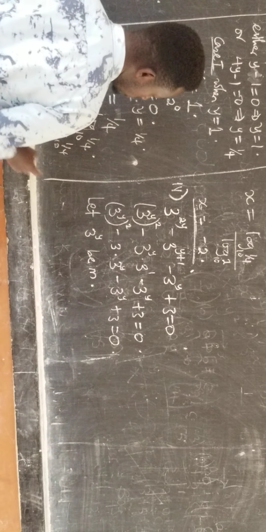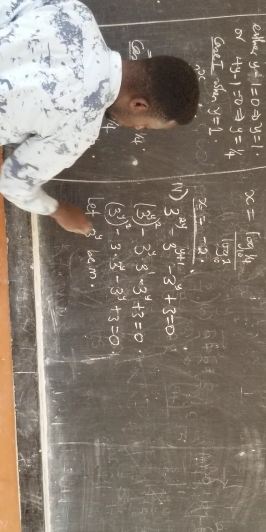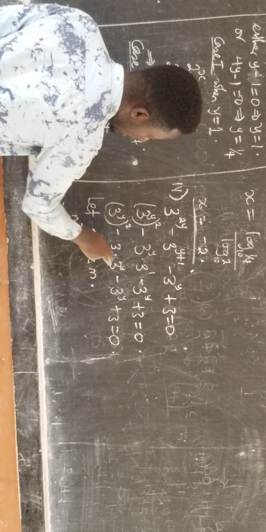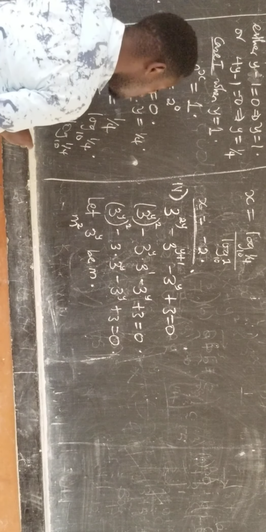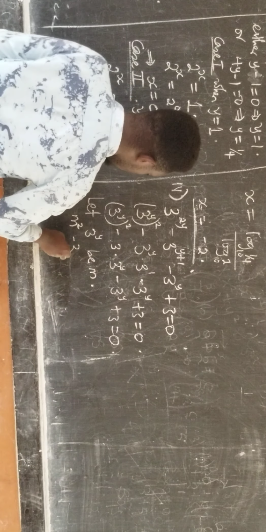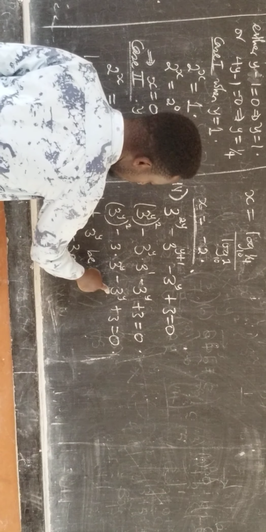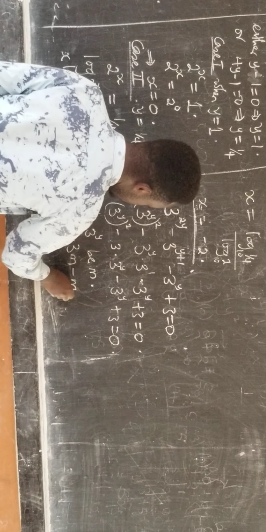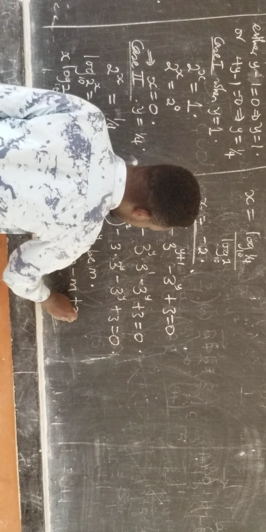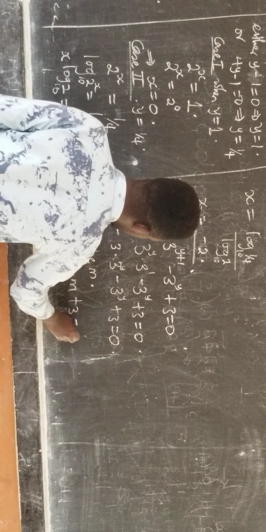Is that okay? So in this case, this will be m squared minus 3m. Then this is minus m. Then plus 3. That one is equal to 0.